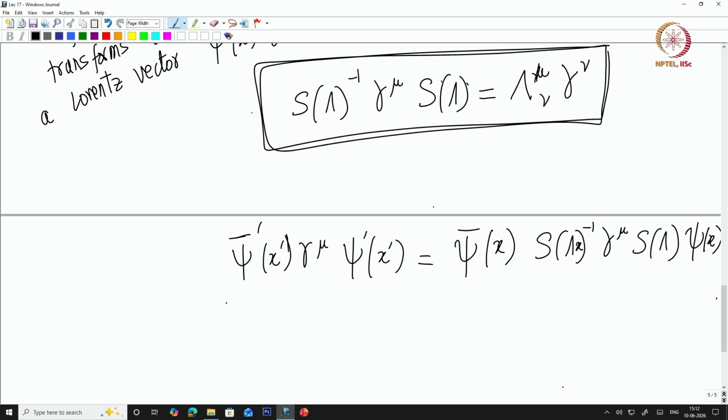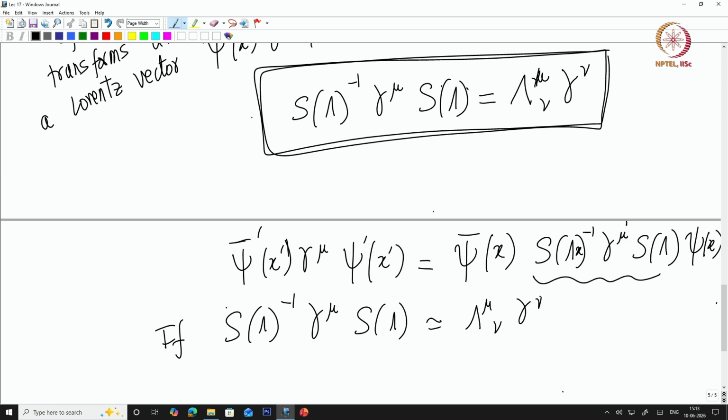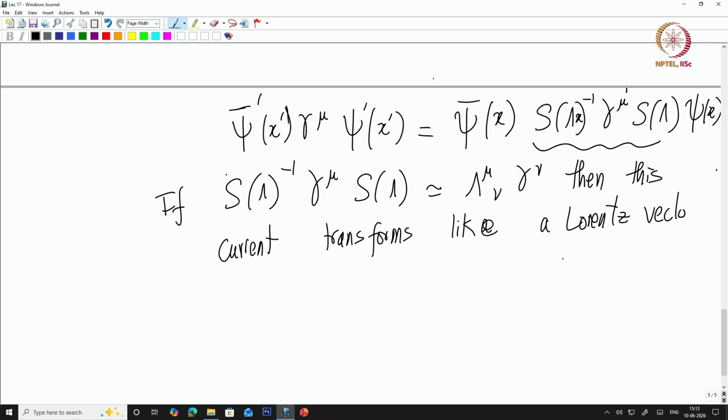Now if this goes as this, you have your claim satisfied. If S of lambda inverse gamma mu S of lambda is lambda mu nu gamma nu, then this current transforms like a Lorentz vector.